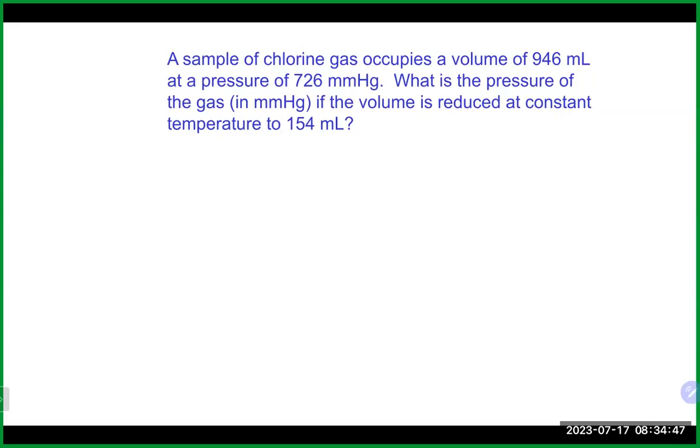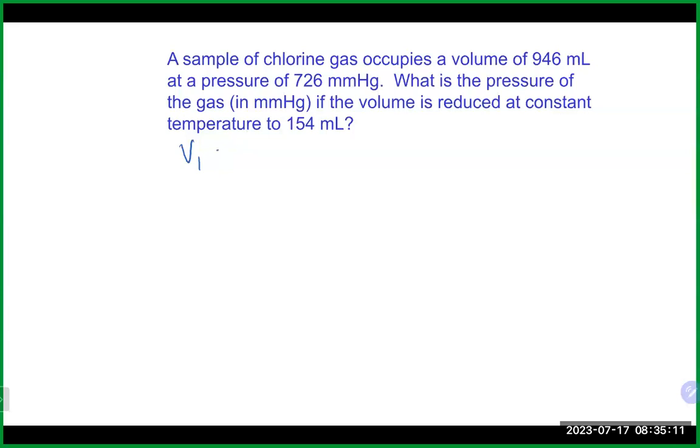One of the things that I would recommend when you're doing gas law problems is to really just pull out the information from the problem and label what it is. Oftentimes it'll point you in the right direction if you're not sure what gas law to choose. Obviously, in this case, we only have one so far, so that's probably the right one to choose. But obviously we will have more.